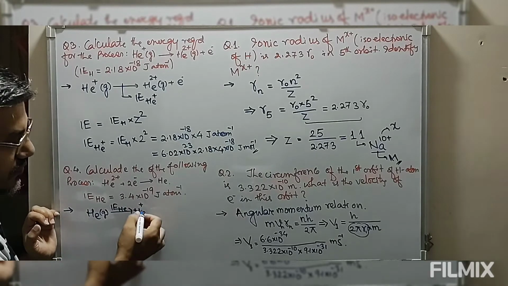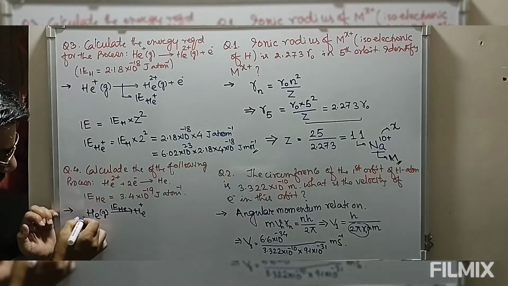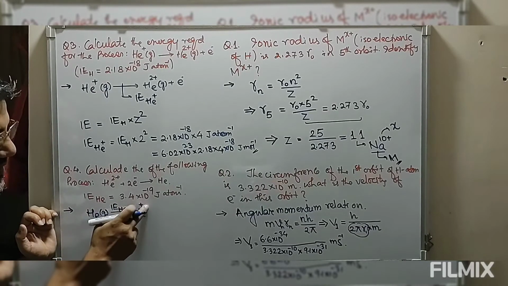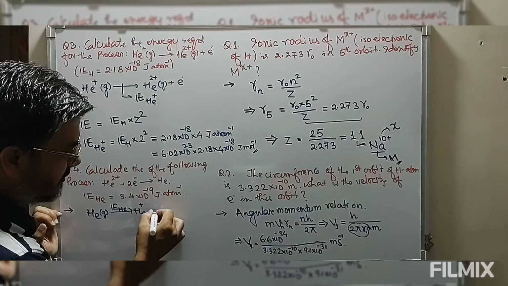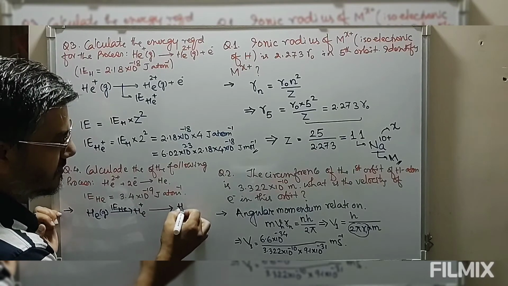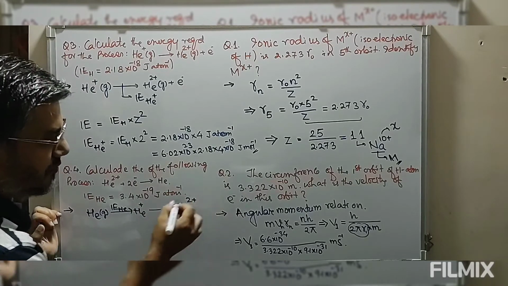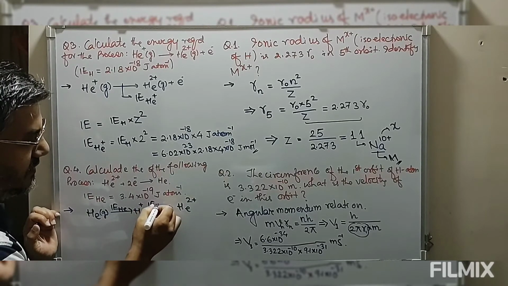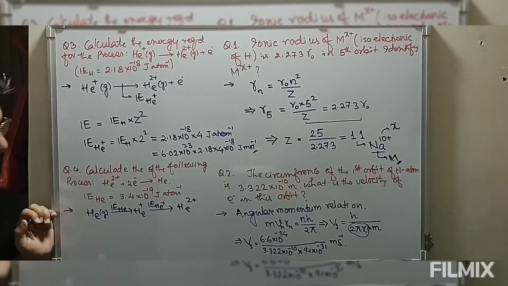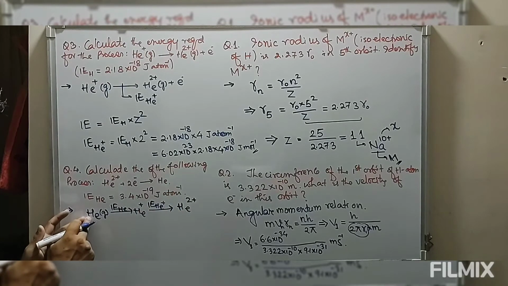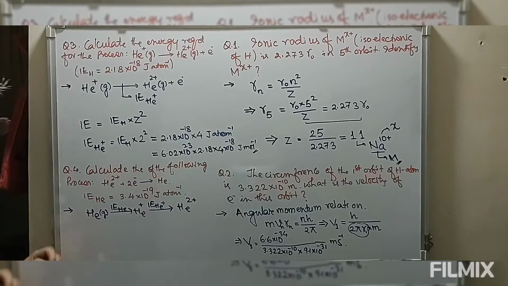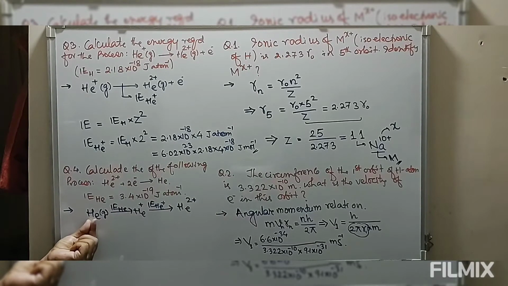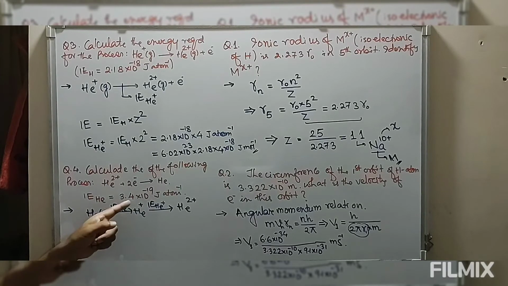Now this was having 2 electrons. From these 2 electrons, this is converted into 1 electron. Finally this electron is to be removed, so that this is converted into helium 2 plus. This energy is what is known as the ionization energy of helium plus. So moving from this to this to this, we are removing 2 electrons. The removal of the first electron is the ionization energy of the helium atom, which is given as this value.